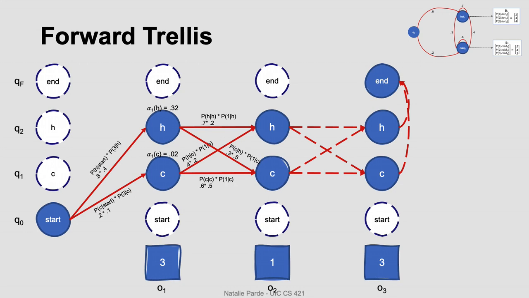Coming out of C, we'll multiply the transition probability from C to H by the observation likelihood of eating 1 ice cream cone given that it's hot, and then the transition probability from C right back to C by the observation likelihood of eating 1 ice cream cone given that it's cold.